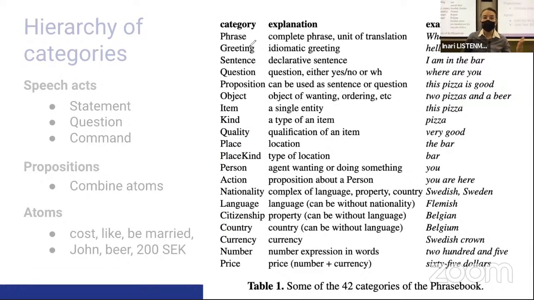But if we think of this hierarchy here, we start from a phrase, which can be one of these things. And we can see all these things would be atoms and then prepositions. That's where you combine this. Sounds good? Okay.